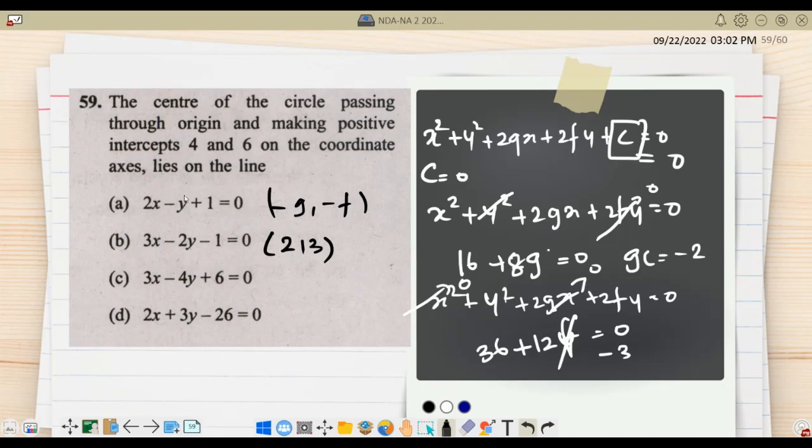This does not, because 2 times 4 minus 3 plus 1, no. 6 minus 6 plus 1, no. 6 minus 12 plus 6, yes, this satisfies. So (2, 3) satisfies this equation. So option C is our answer.